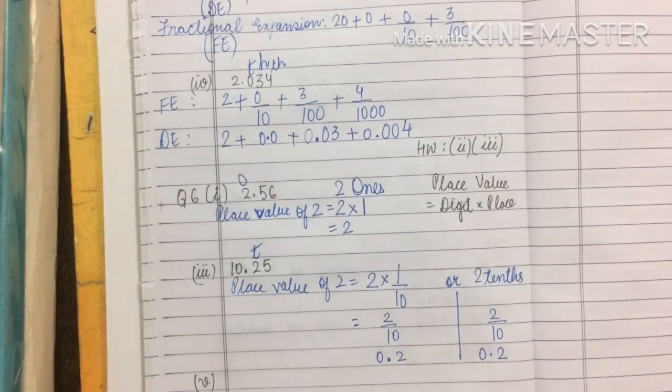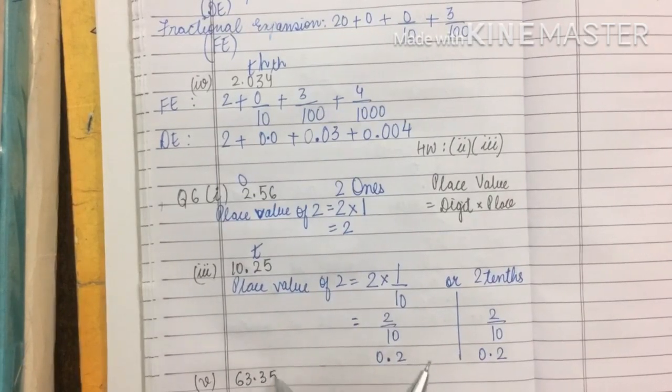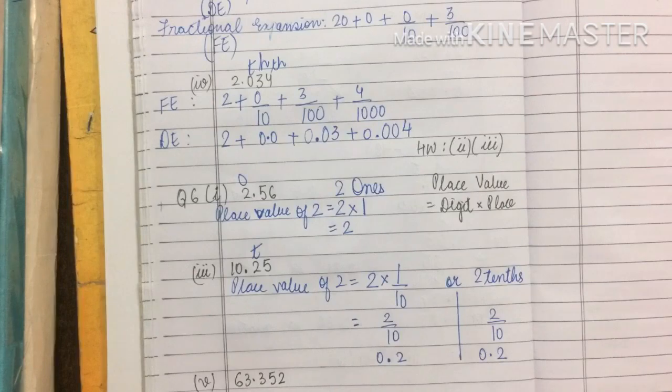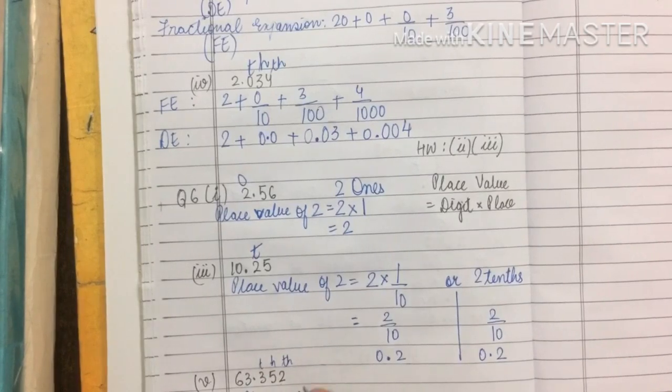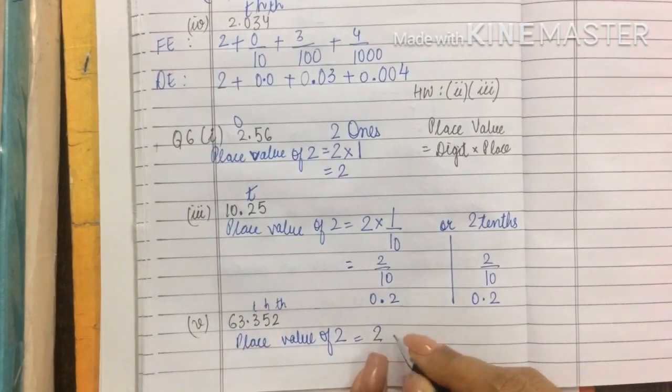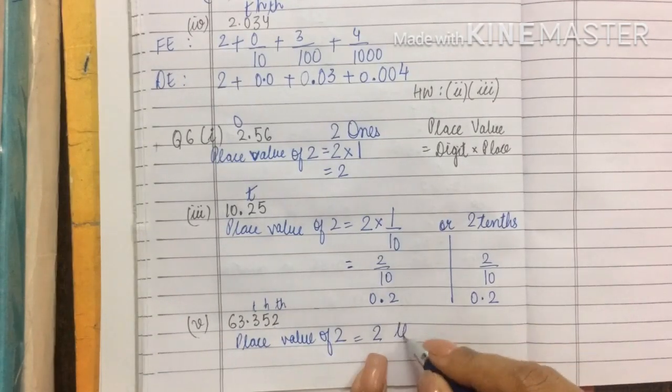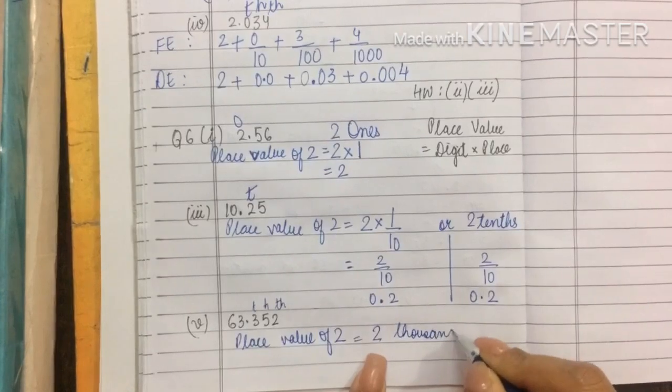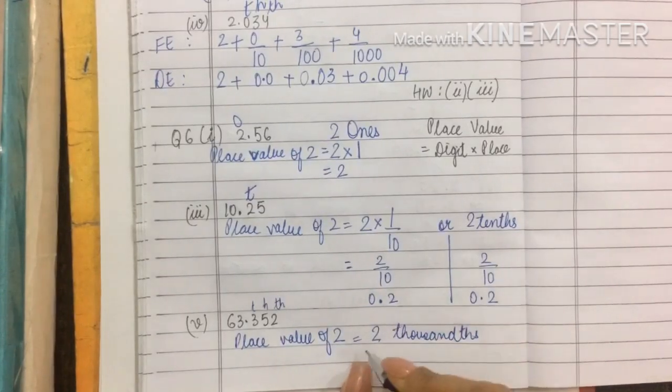Let's do another part. Fifth part. I have 63.352. Now 2 is at which place? This is 10, this is 100th, this is 1000th. So place value of 2 will be equal to 2000th. So this will be 2 over 1000.